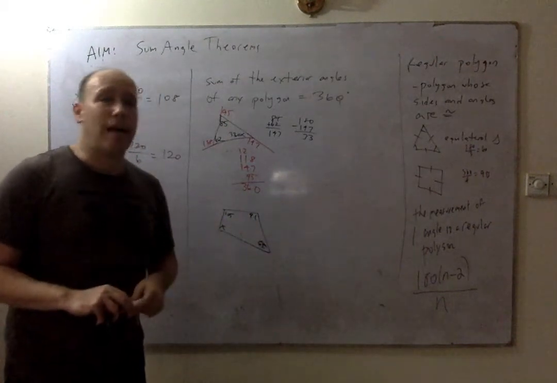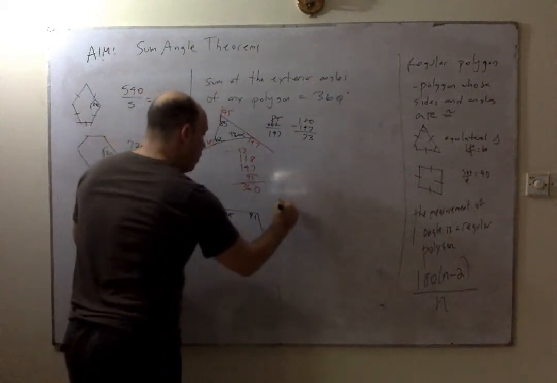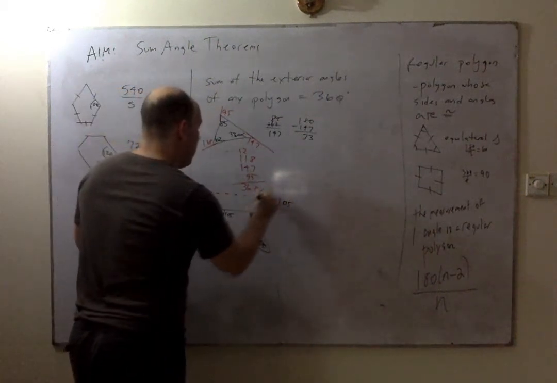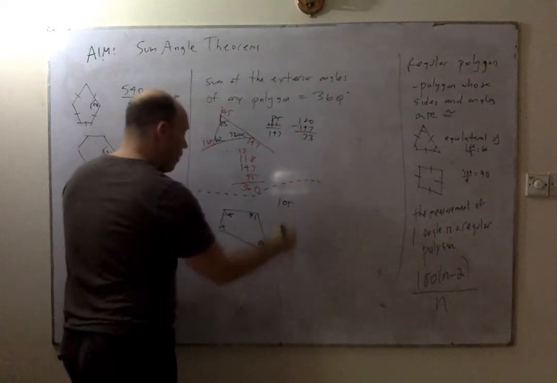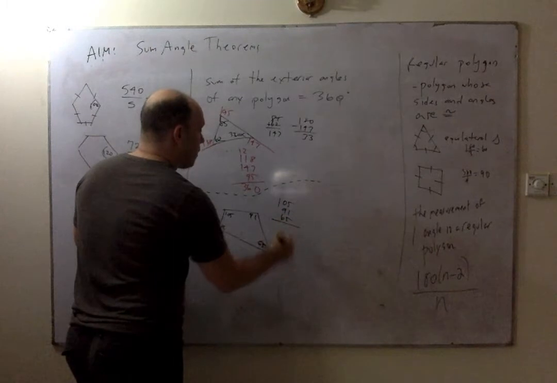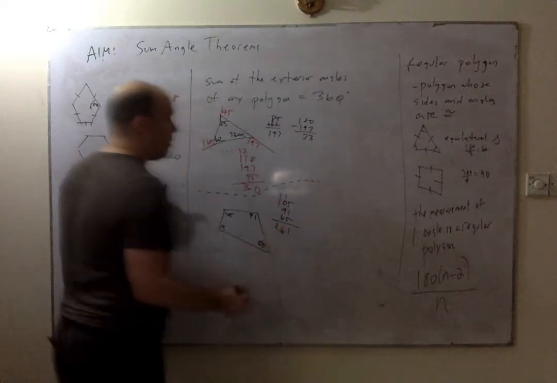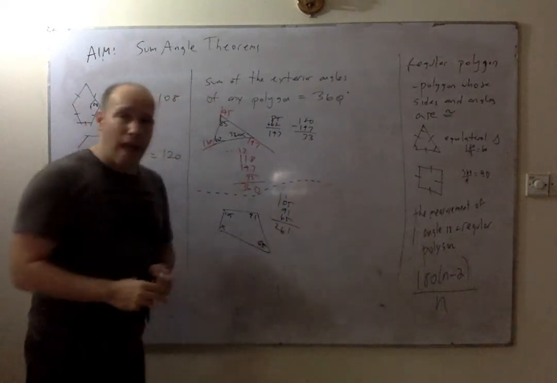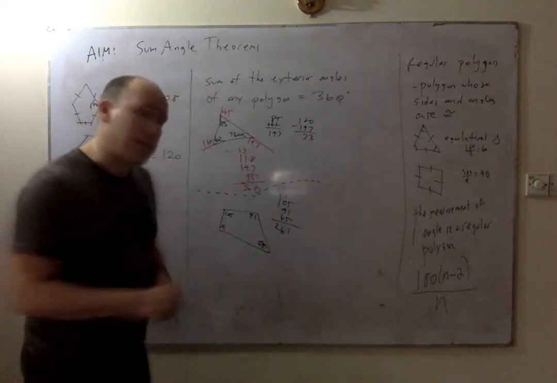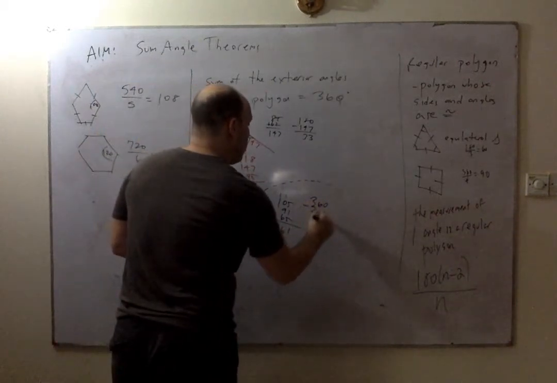What is the sum of the exterior angles? So, I have 105, 91, 65, and that's 261. We know the sum of the angles of a quadrilateral is 360 degrees, so it's 360 minus 261.